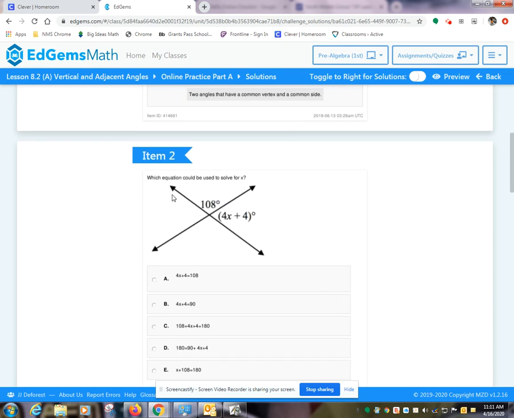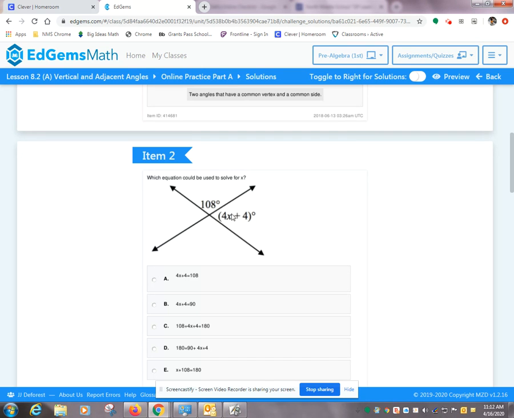Number two, which equation could be used to solve for x? Well, we know these two lines are crossing, forming vertical angles. Now, the vertical angles are actually the ones that are opposite of each other. So 108 and this one down here are vertical angles, and 4x plus 4 degrees and this one right here are vertical angles.